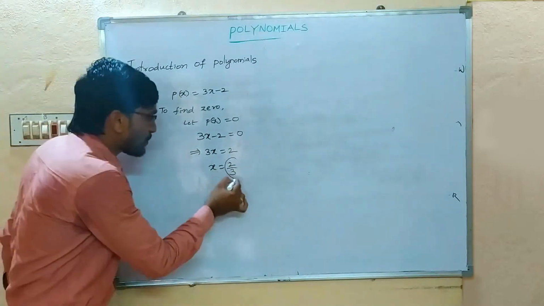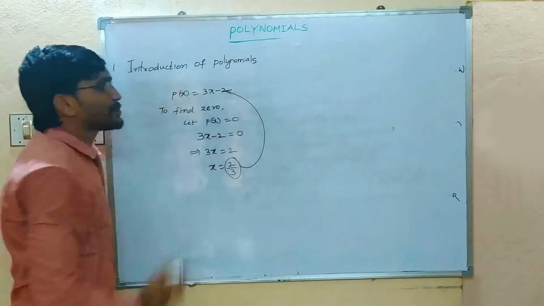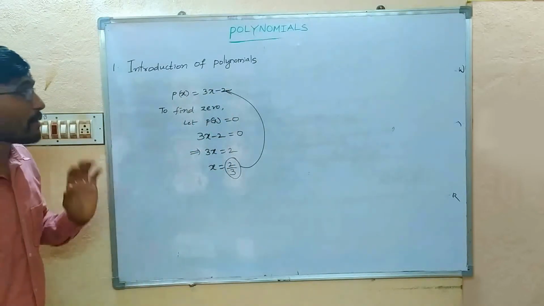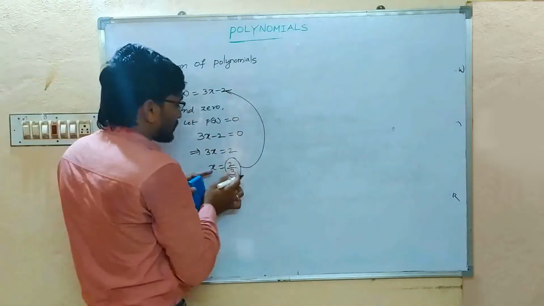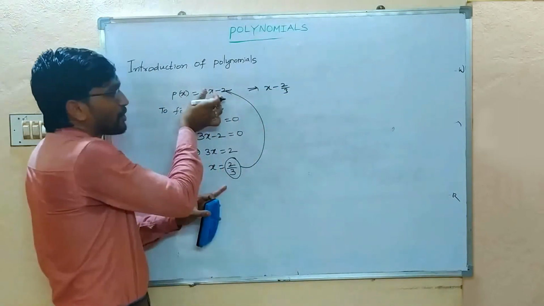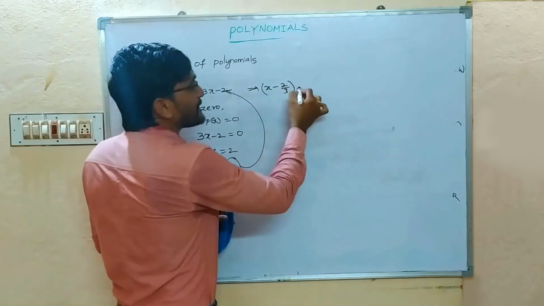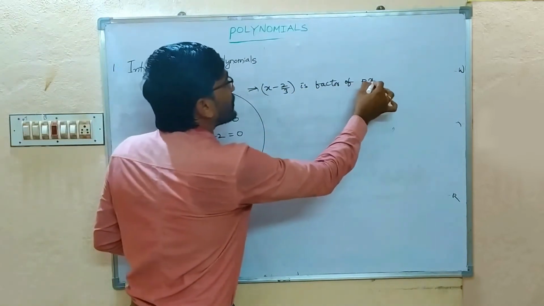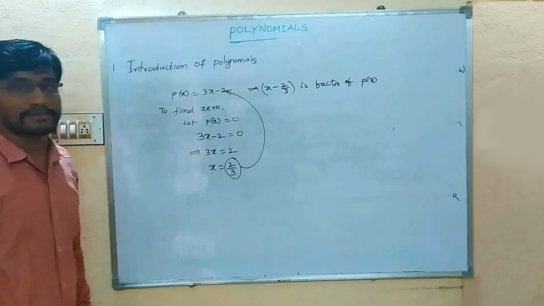This 2 by 3 is nothing but the zero of this polynomial. And one more thing: if 2 by 3 is the zero of this polynomial, then x minus 2 by 3 is a factor of this polynomial p of x.